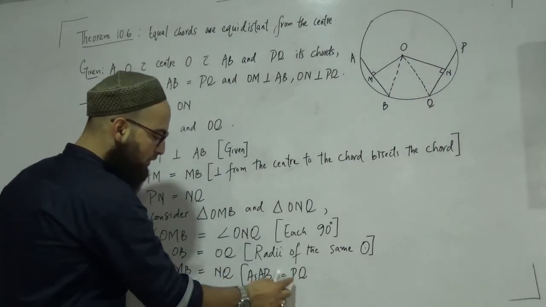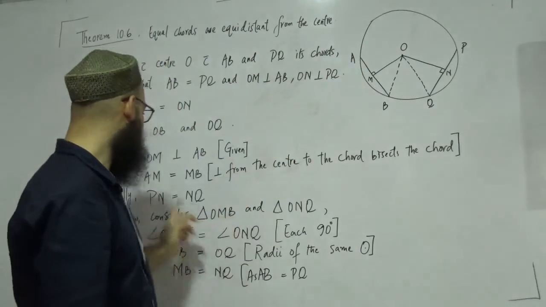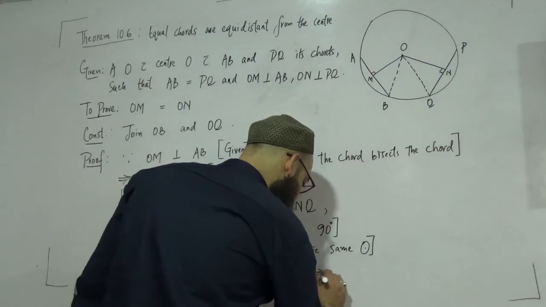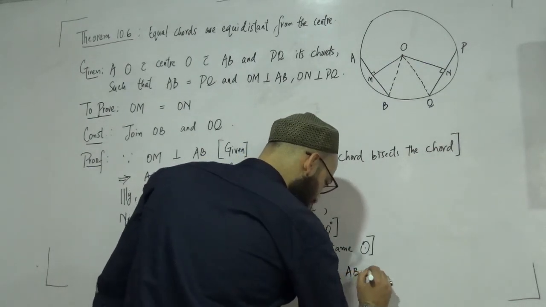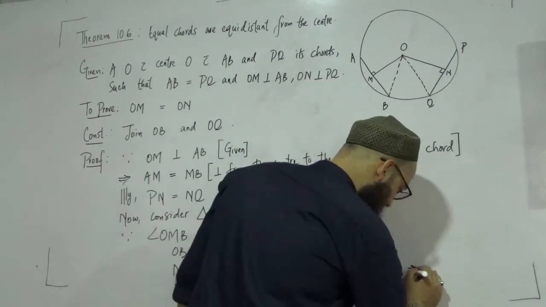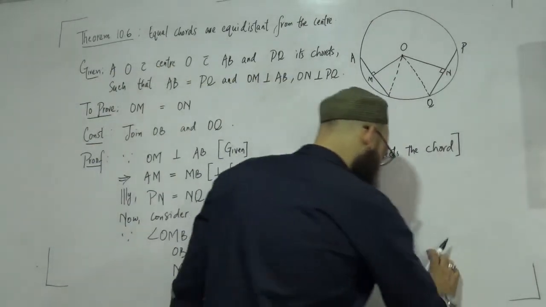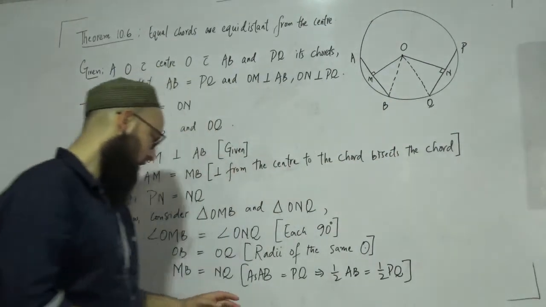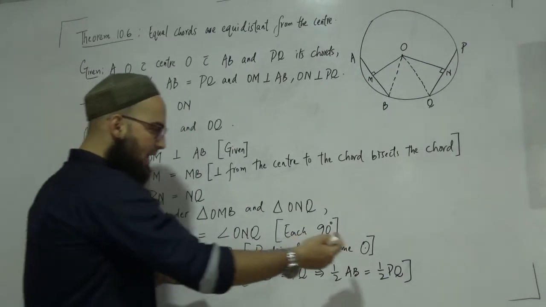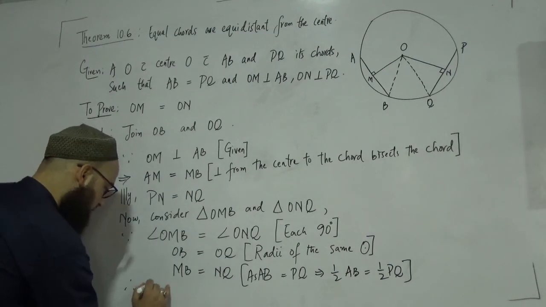That means half of AB will be equal to half of PQ, and half of AB is MB because we just proved AM is equal to MB. So AB is equal to PQ implies half of AB is equal to half of PQ, and we know half of AB is MB and half of PQ is NQ.